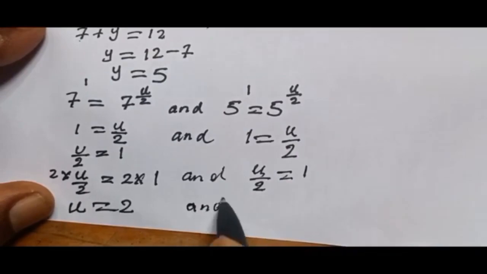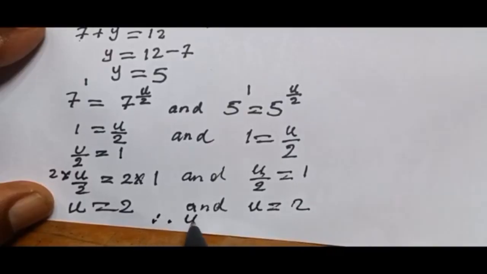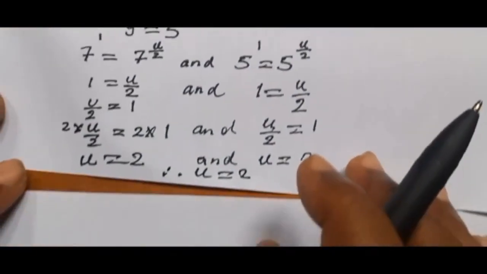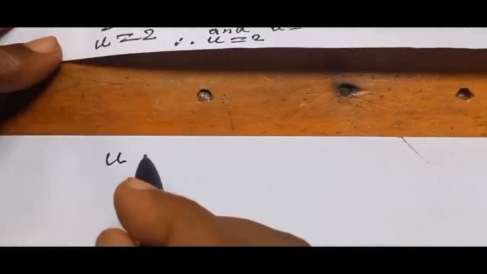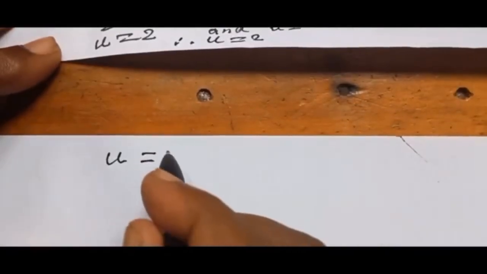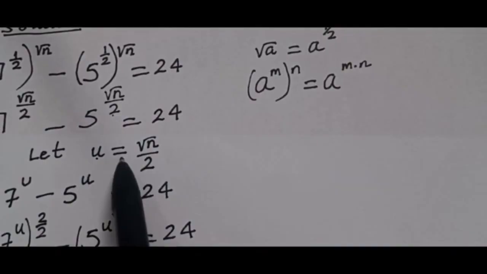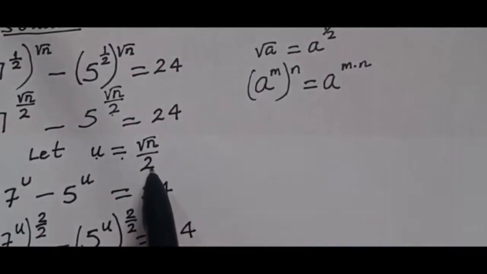Multiplying by 2 both sides, again here we get u equals 2. So therefore, u equals 2.